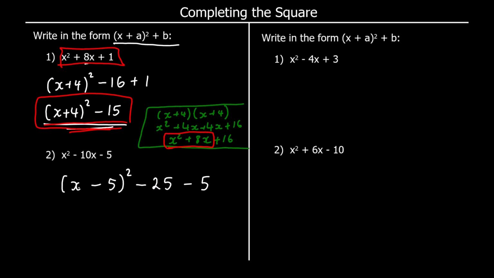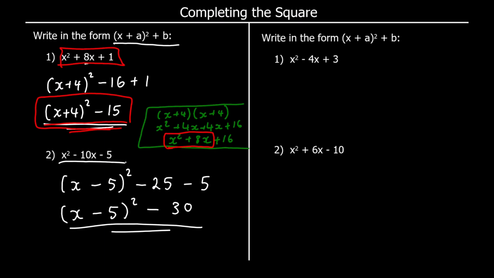So if I expanded x minus 5 squared, I get x squared minus 10x plus 25. Then minus 25 minus 5 means I've got a negative 30 in total. So x minus 5 squared, take away 30. So again, that's equivalent. It's exactly the same as what I started with.